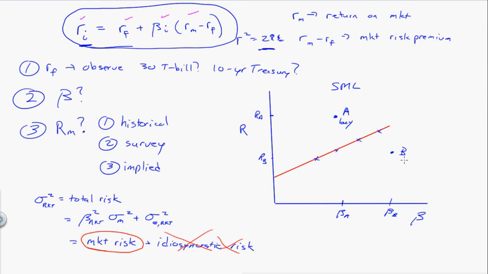Stock B, the return is lower than it should be, I want to short it. The CAPM says everything lies on this line, and if you can find something that's off this line, that's a mistake in the market. If it's above, buy it, below, short it, and you'll make money.